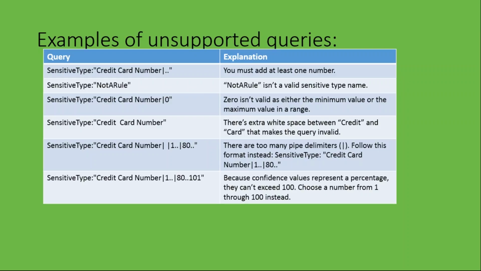In the next example, you see that there are too many pipe symbols. After the credit card number, there's a blank after the pipe symbol, and then the count range and the confidence range. So this first pipe symbol is unnecessary here. And in the last example, if you observe the confidence range, which is 80 to 101, 101 is not a valid confidence range. It cannot exceed 100%.